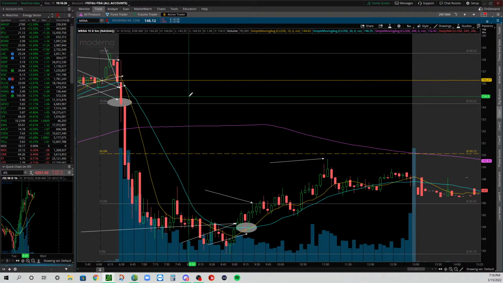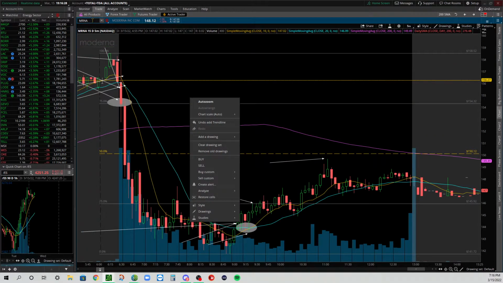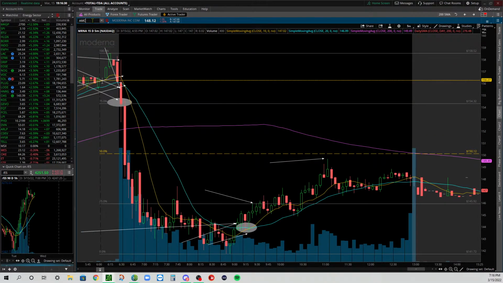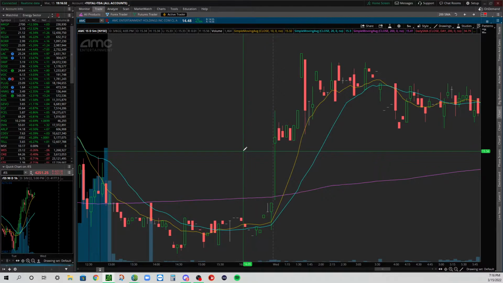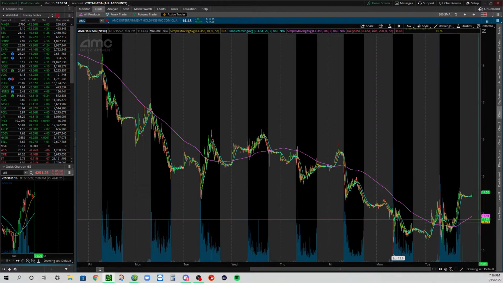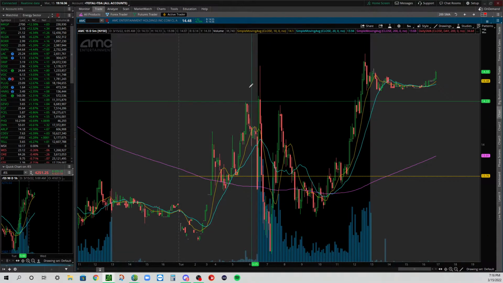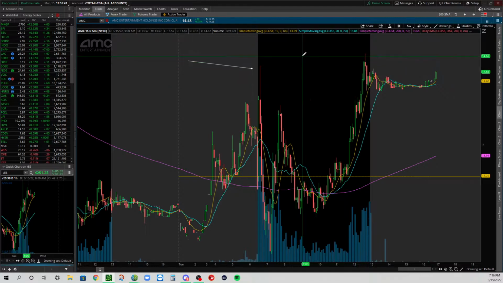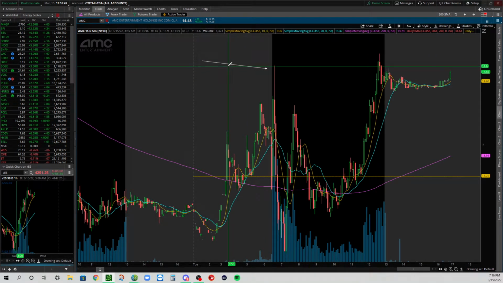Let's go back to AMC, because a lot of times you can short the pop on trades like this one right here. So what you want to do is wait for these tops by identifying your resistance level.